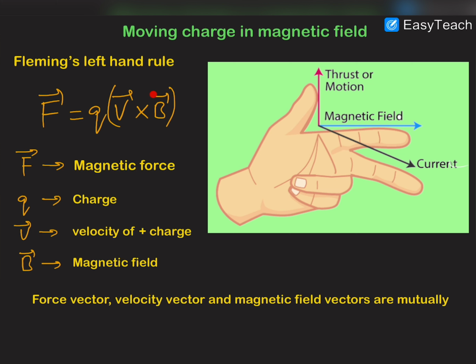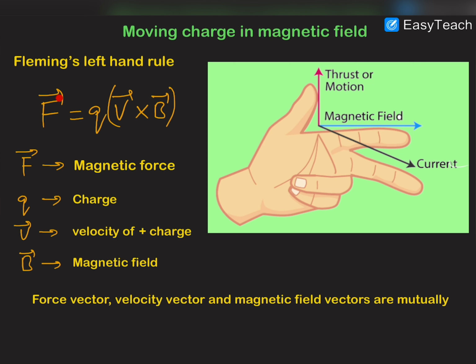Okay, and you can see that F, V and B are mutually perpendicular if V and B have an angle of 90 degrees, and obviously F is the vector which is the result of the cross product of these two vectors.